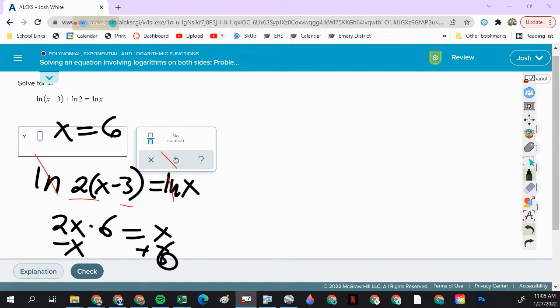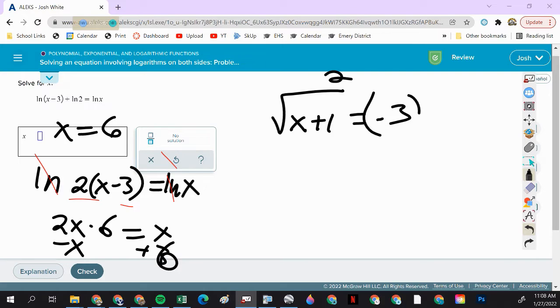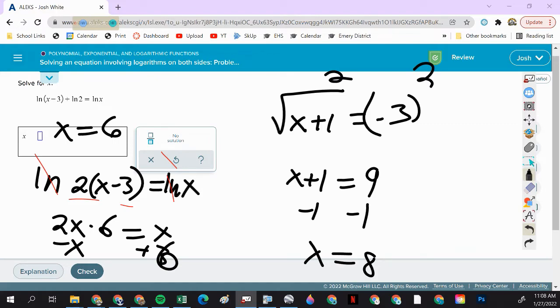Okay. Now, you have to be careful, though, because do you remember when we did problems like this? And I squared both sides, and I got x plus 1 equaled 9, and I subtracted 1, and I got x equals 8, and I was really happy with myself until I plugged it in.